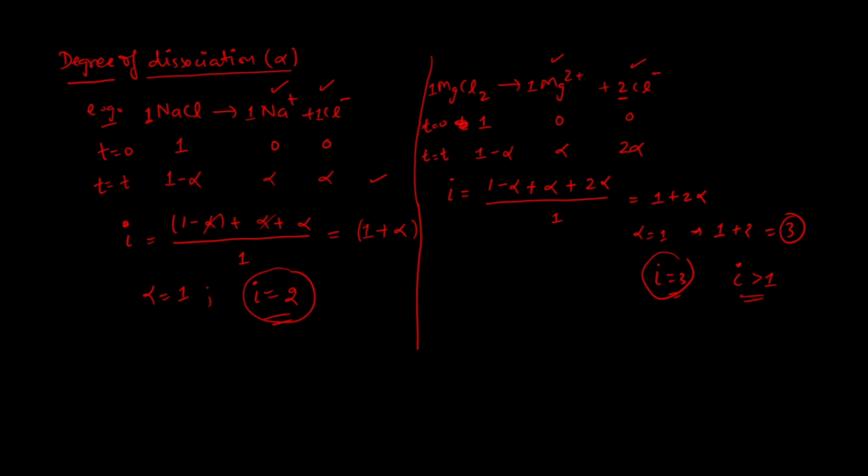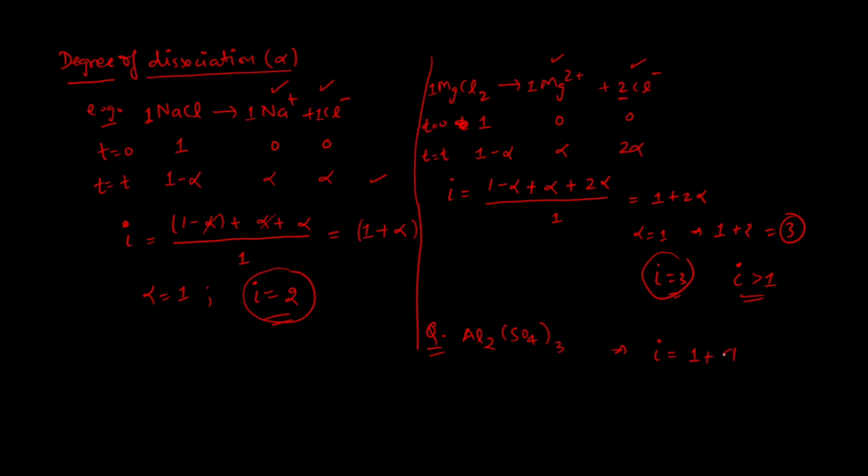Similarly, this is a question for you: calculate the value of i for any salt of the type A2B3, like aluminium sulfate, Al2(SO4)3. So A2B3. For this, the expression for i would be 3 plus 2, 5, so it will be 1 plus 4 alpha.